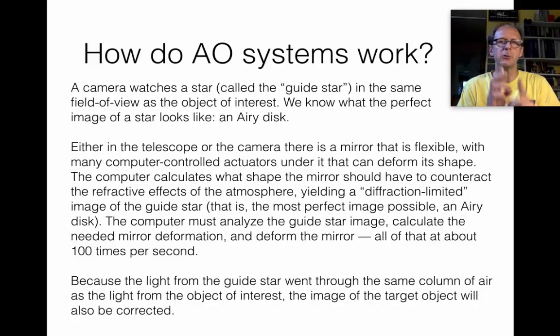And so you can put little computer-controlled actuators behind a flexible mirror that will change the shape. And so you take the light beam that's been collected by the big mirror of the telescope, and you have it bounce off this flexible mirror whose shape can be controlled by a computer, and that computer is controlling the actuators based on what it sees from a camera.